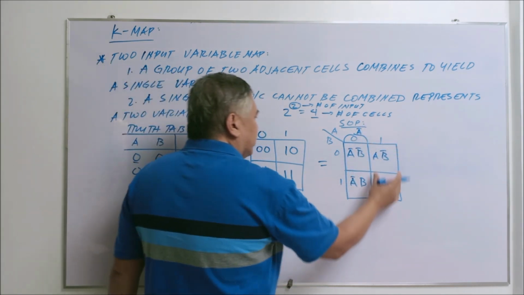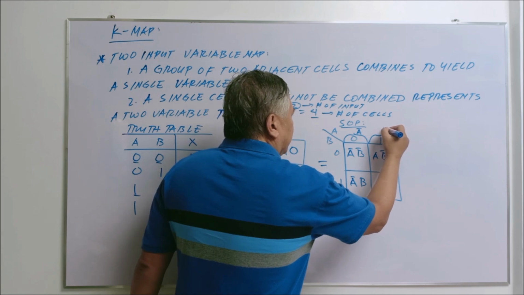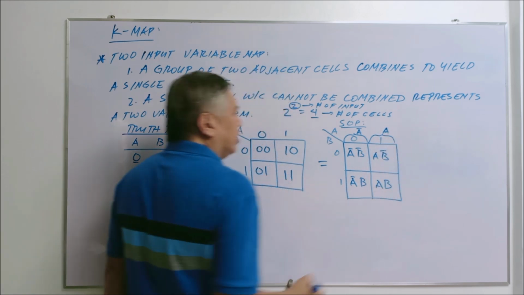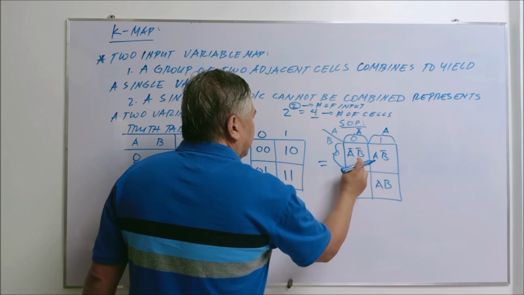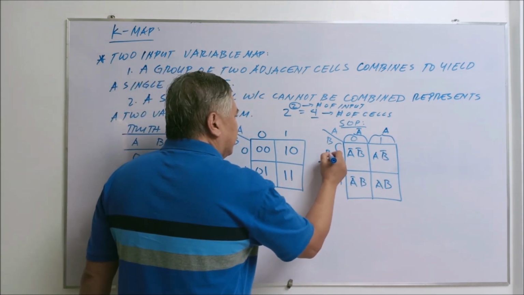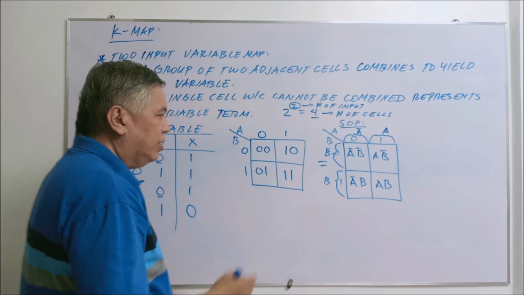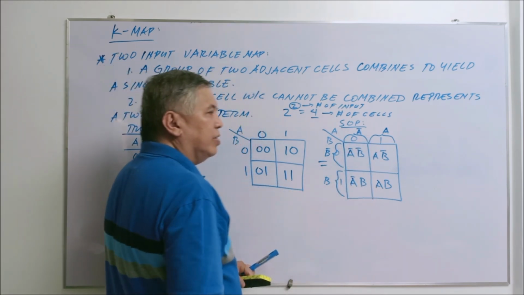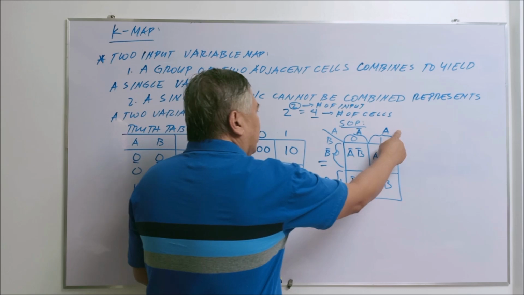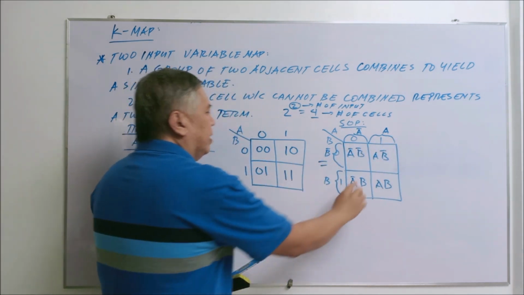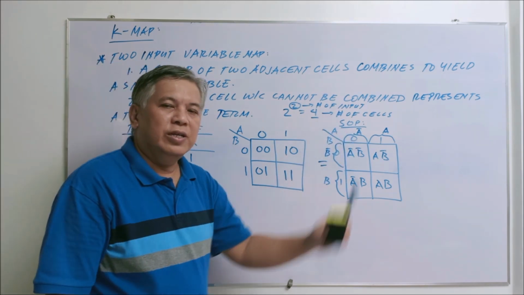And these two cells here, the common is A, so they are represented by A. In this case, these two cells here, the common is B bar, and this one here, the common is B. So in other words, this region is under A bar, these two cells or region are under A, these two cells here under B bar, and these two cells here are under B. Now, that is using the product term.